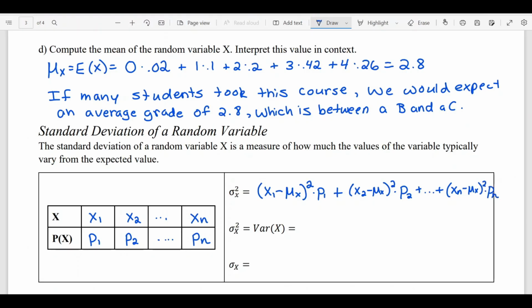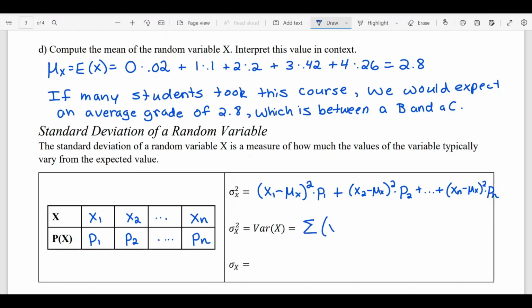Now the formula for this, sigma sub x squared, we say var of x. We usually don't use variance as much in this algebra-based AP Statistics course. You use variance a lot more in the calculus-based course. But for us right now, just think of variance as an intermediate step here.